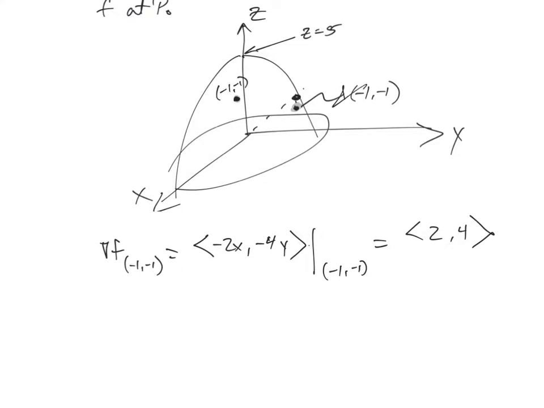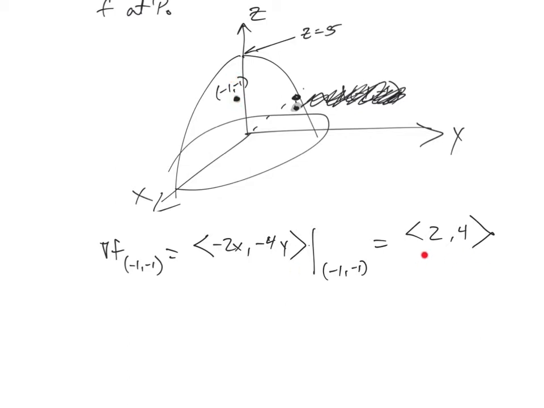Why are you guys letting me get away with stuff like that? Okay. That point -1, -1 is in the xy plane. It's going to be in this quadrant back here. So this point on the surface is on the back side of this hill somewhere.